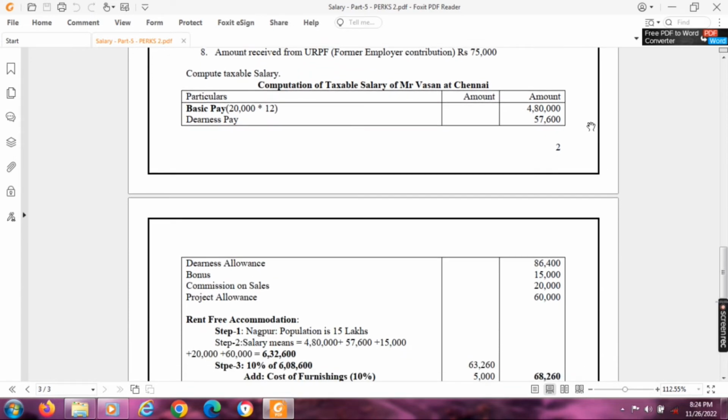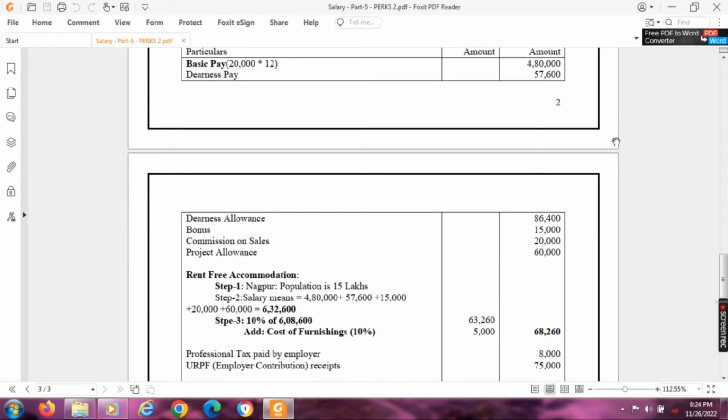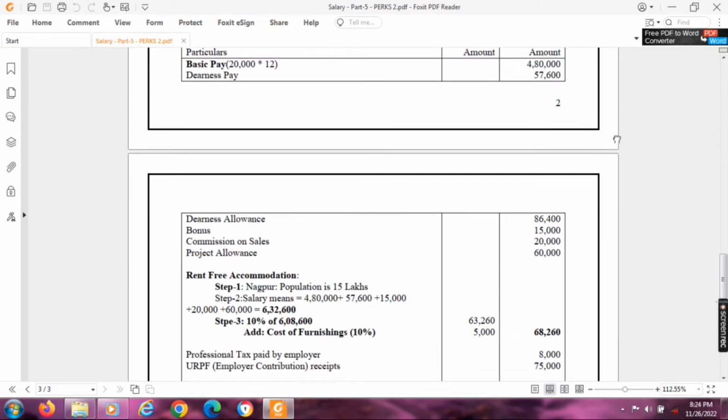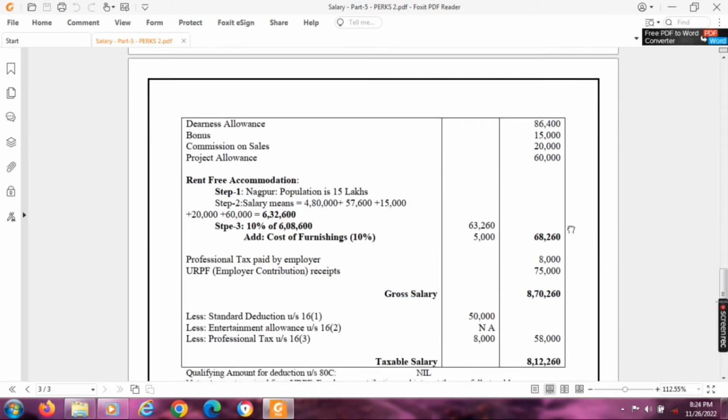Basic pay 40,000 into 12. DA was split into DP and DA. Bonus 15,000. Commission on sales 20,000. Project allowance 60,000. Now next, rent-free accommodation. What city? Nagpur. Population 15 lakhs.